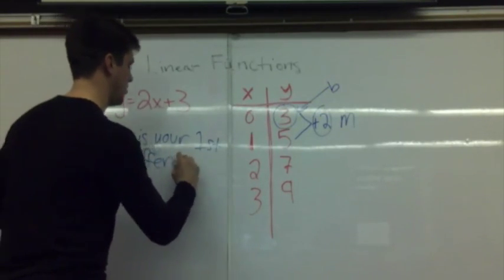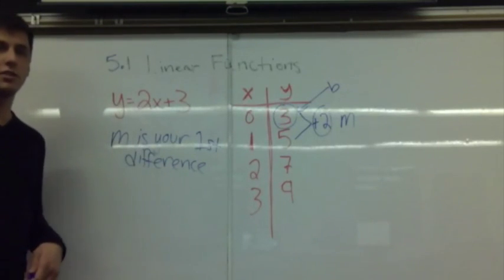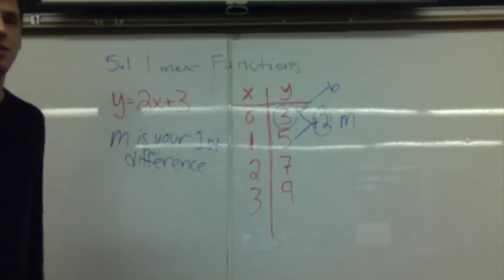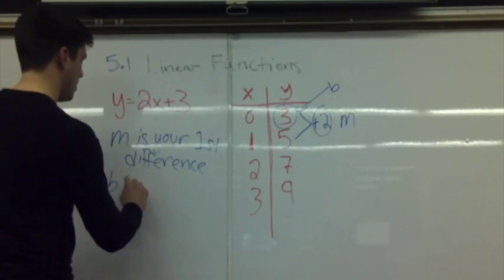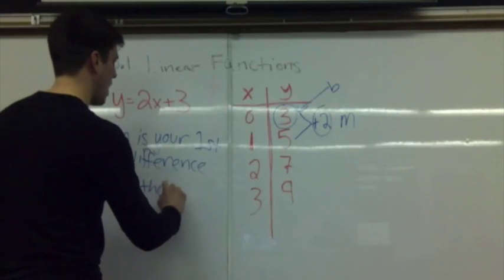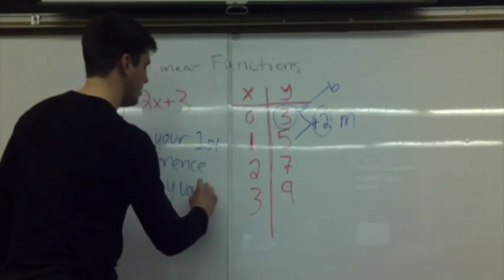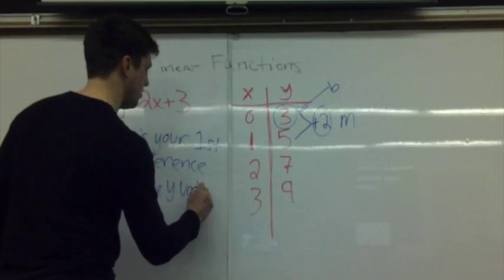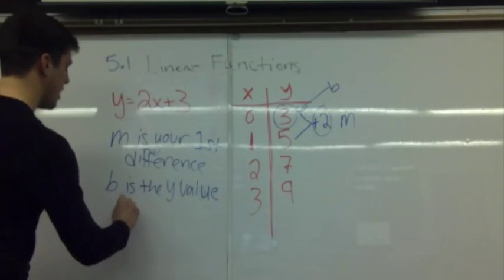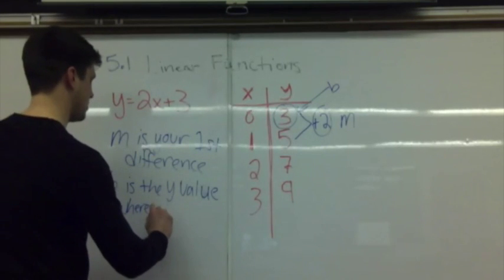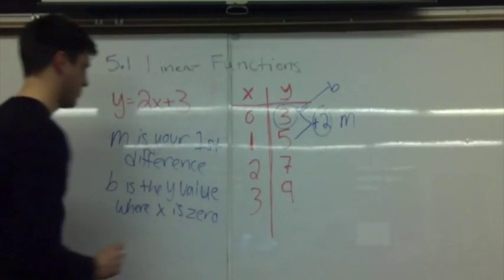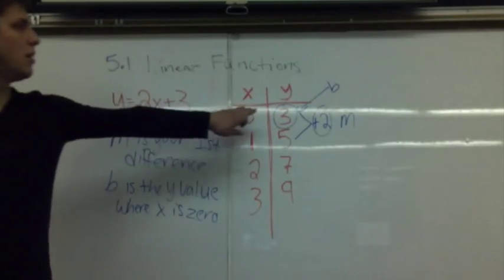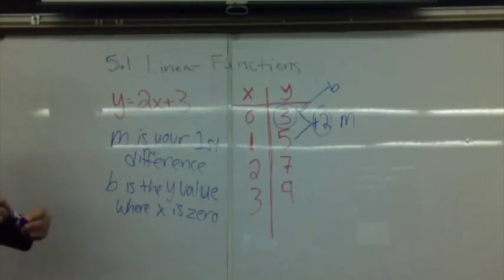And the b value, b is the y value where x is 0. Where x is 0, y is 3, so the b value is 3. There you have it.